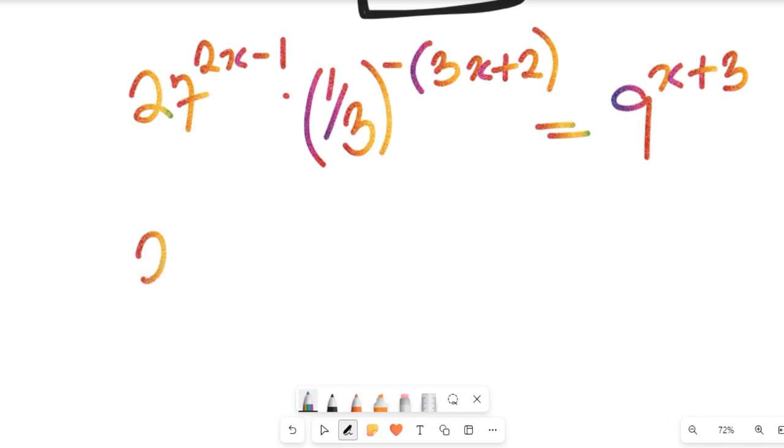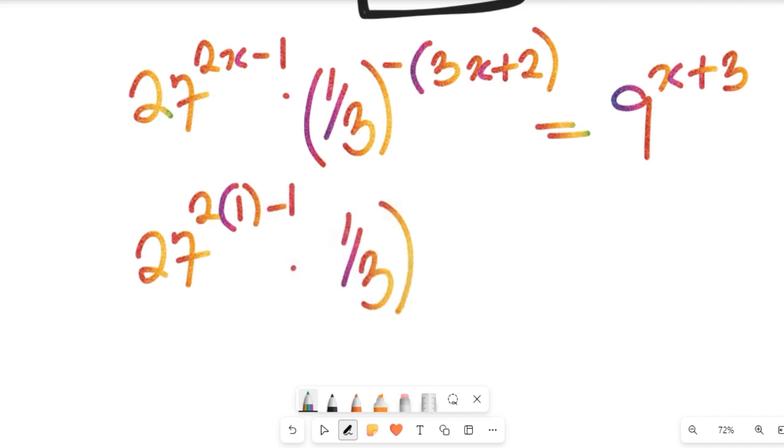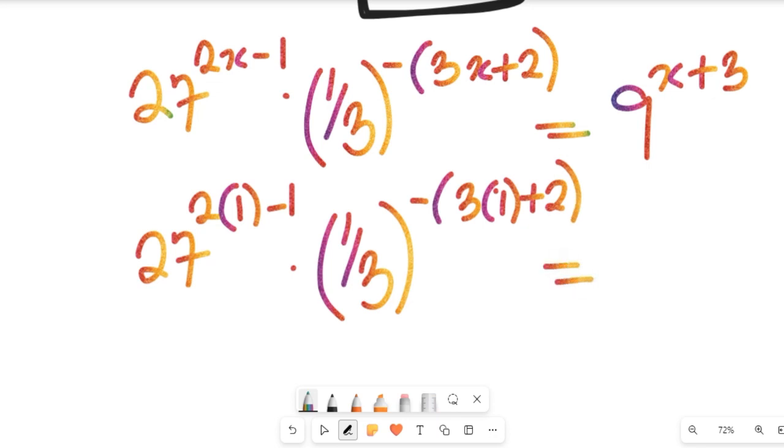We have 27 to the power of 2 multiplied by 1, right? Minus 1 multiplied by 1 divided by 3 all to the power of negative 3 multiplied by 1, right? Plus 2. And this will be equal to 9 to the power of 1 plus 3.